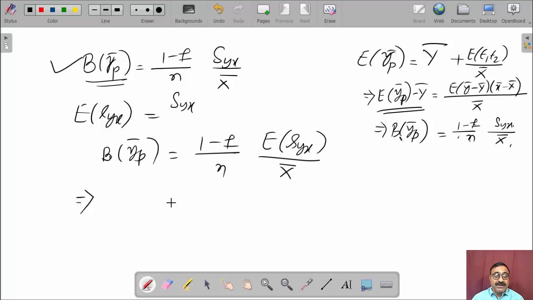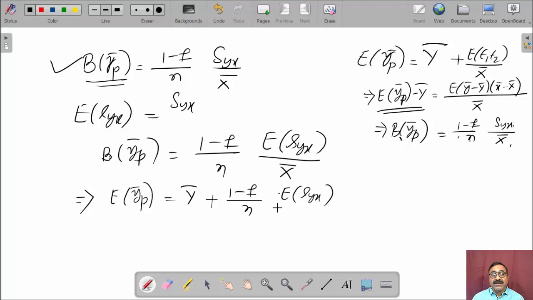That implies expectation of Ȳ_p equal to Ȳ plus (1 minus f) by n expectation of s_yx by X̄.